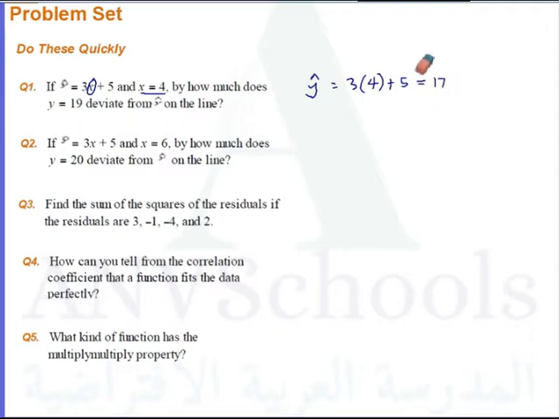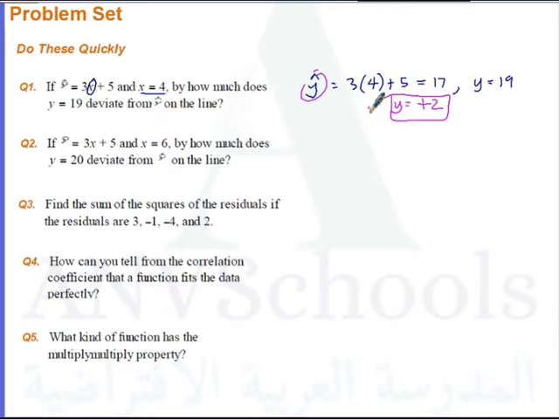Notice that this value of your y hat deviates from y equals 19 by positive 2 units, right? So our y is deviating by positive 2 units from this y hat.